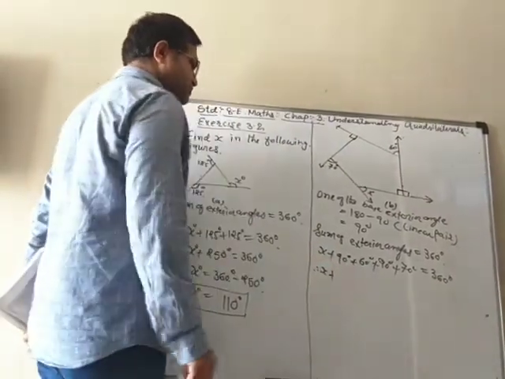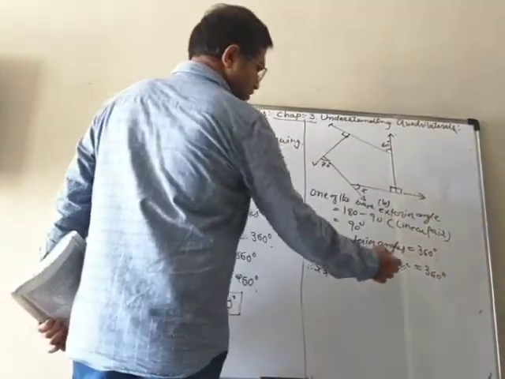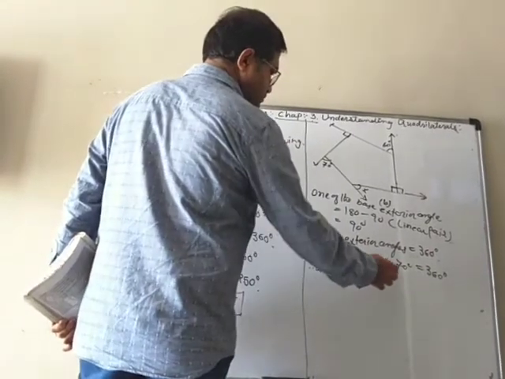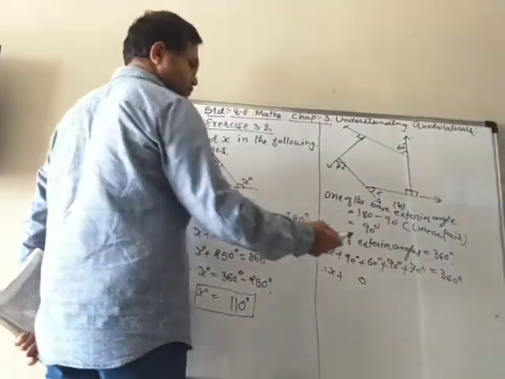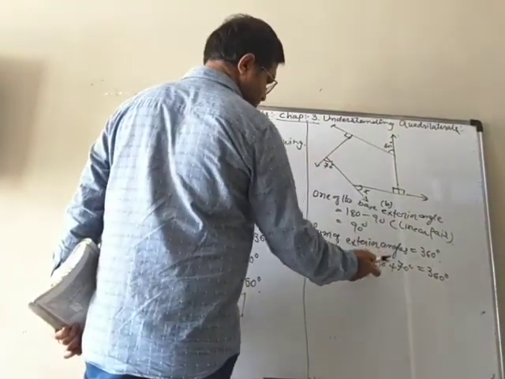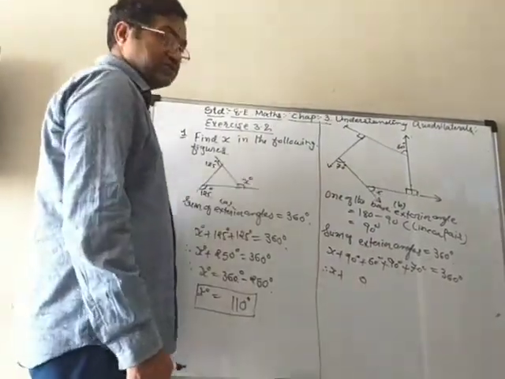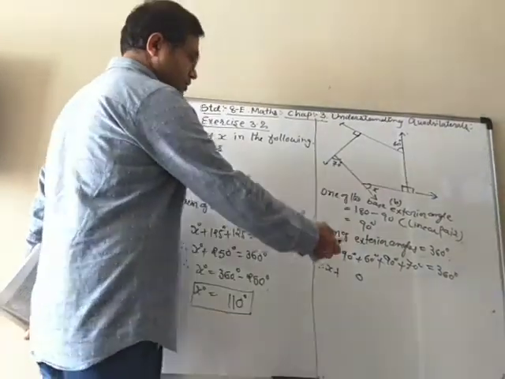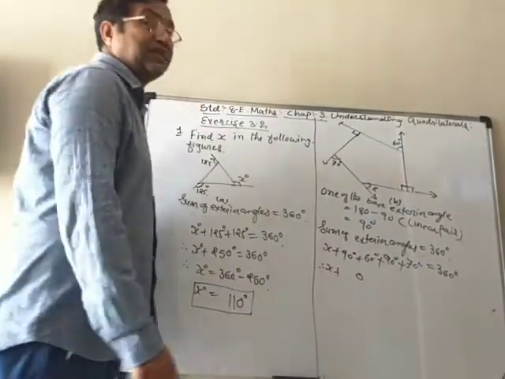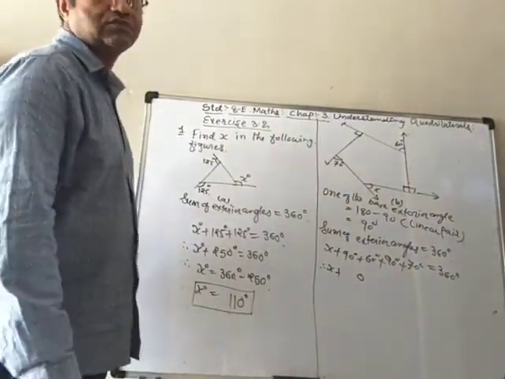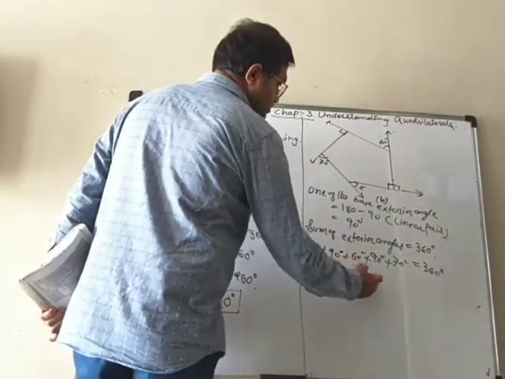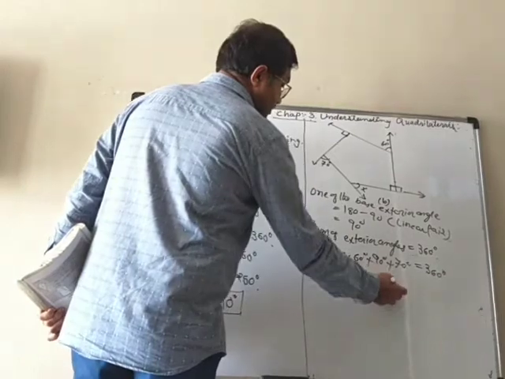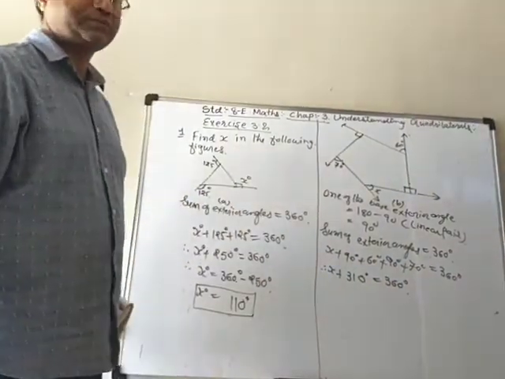So x plus, 0, 9 plus 7 is 16, 16 plus 6 is 22, 22 plus 9 is 31, right? So x plus 310 is equal to 360 degree.